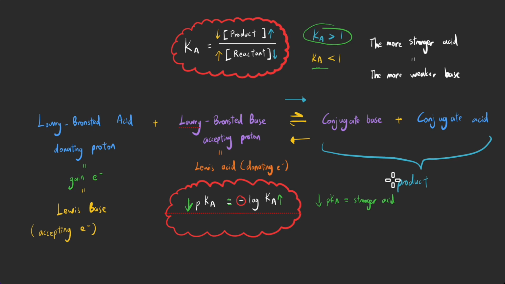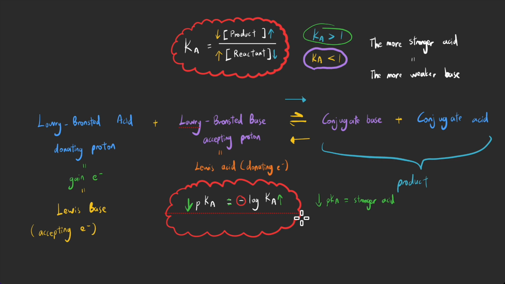On the other hand, if you get a Ka value smaller than 1, the pKa value will be larger. The larger the pKa value, the weaker the acid strength. The weaker the acid strength, the reaction pathway will shift to the left side in order to form more reactant, right?